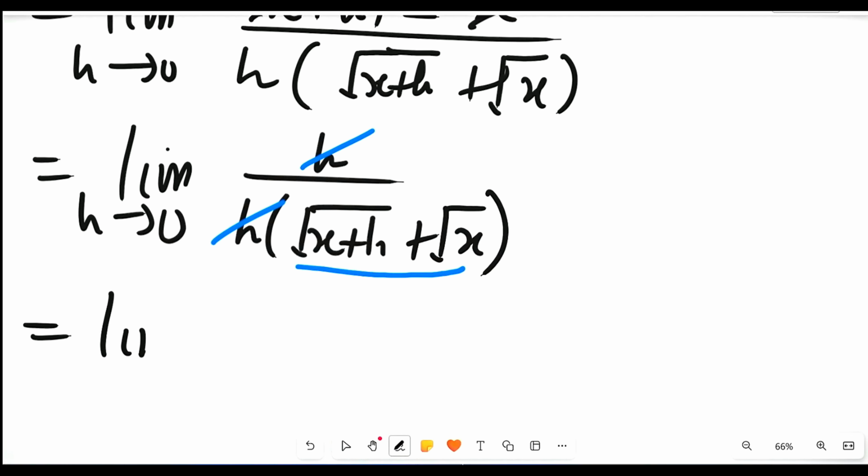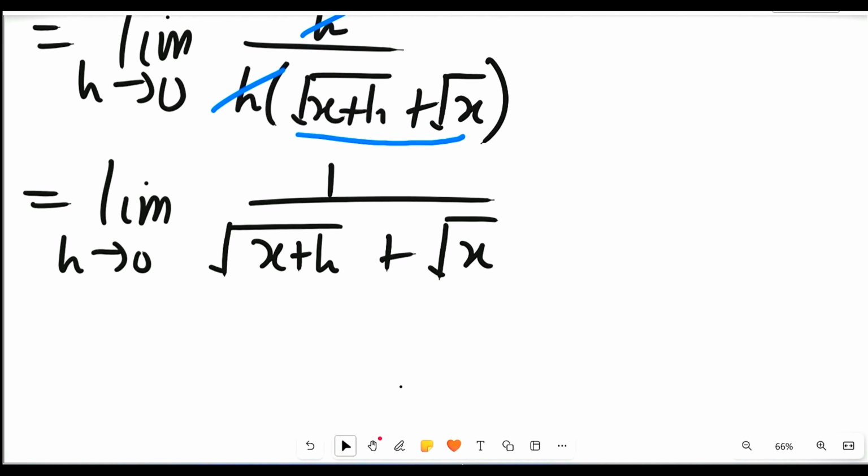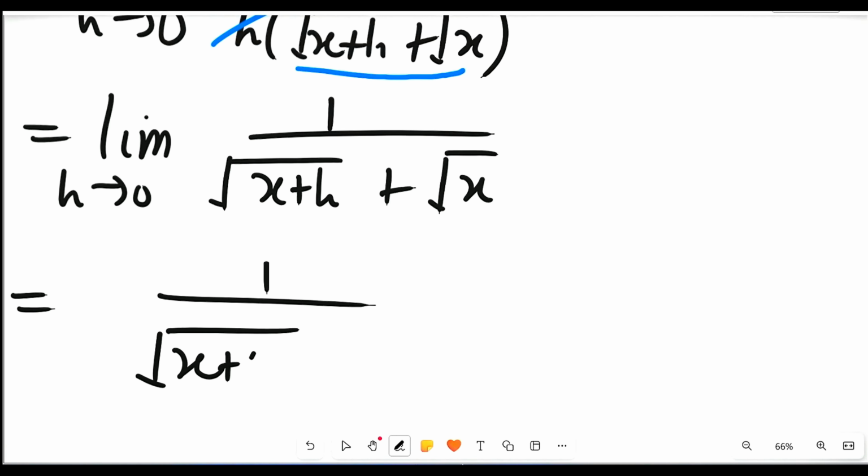the limit as h approaches 0 of 1 divided by square root of x plus h plus square root of x. Alright, so we can now plug in the value of h, and that will give us 1 divided by square root of x plus 0 plus square root of x.